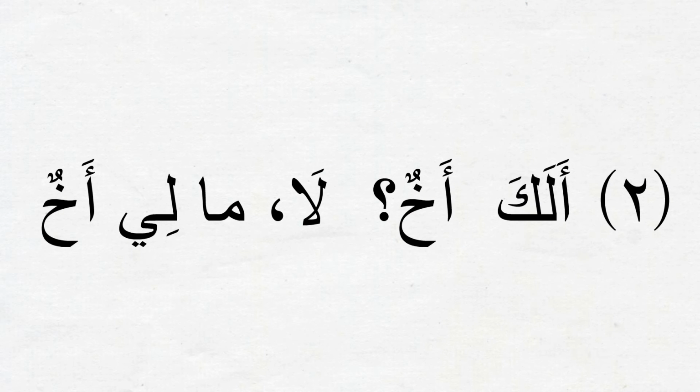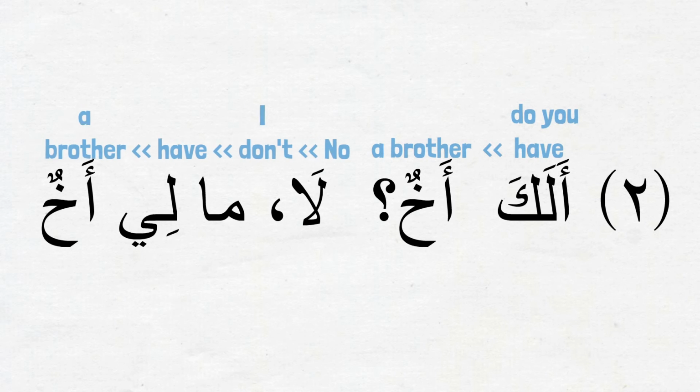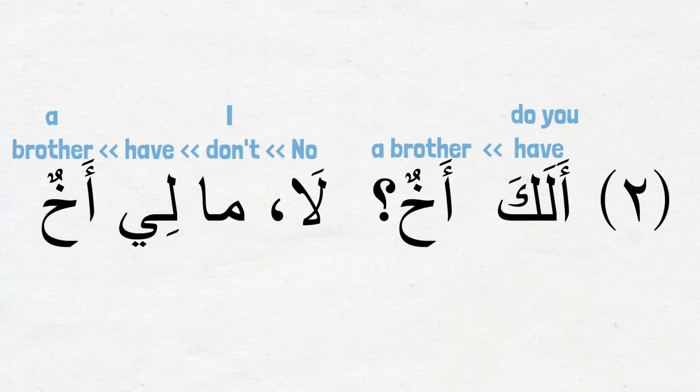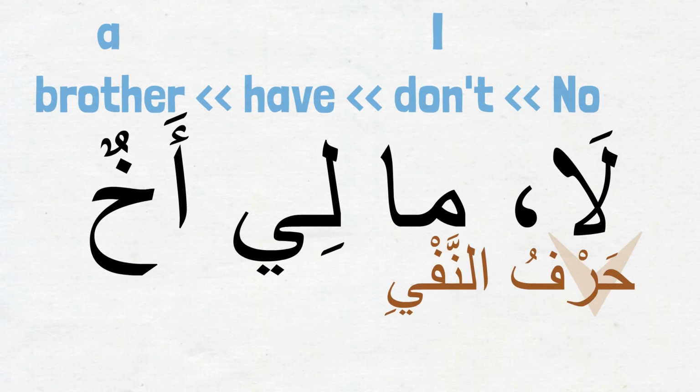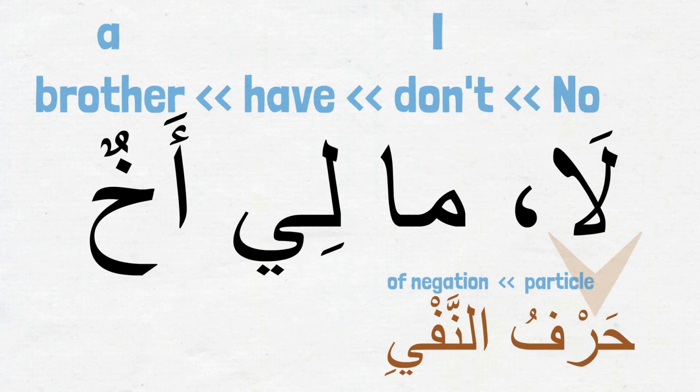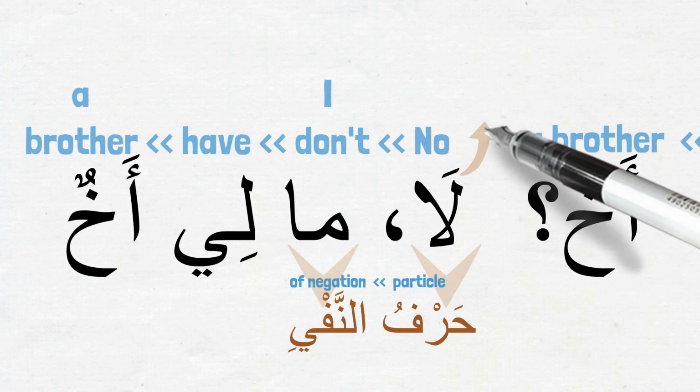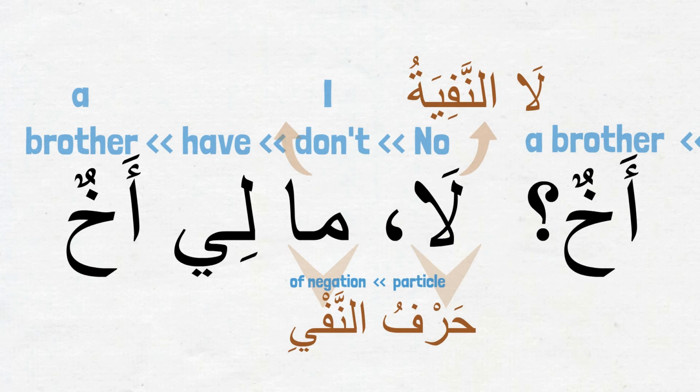Part 2. Alaka akhun? Do you have a brother? The answer is La, ma li akhun. Here we are saying, no, I do not have a brother. Here we call the word La harfun nafi, an idafa combination meaning the particle of negation. Ma is another harfun nafi. They are also simply called La an-nafiyatu and Ma an-nafiyatu.